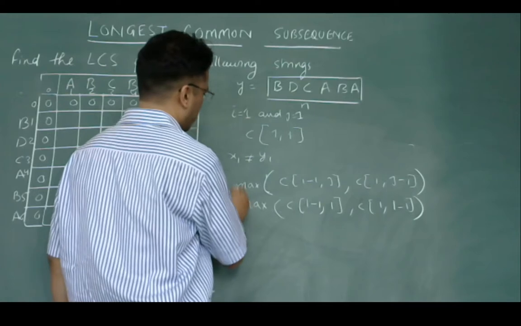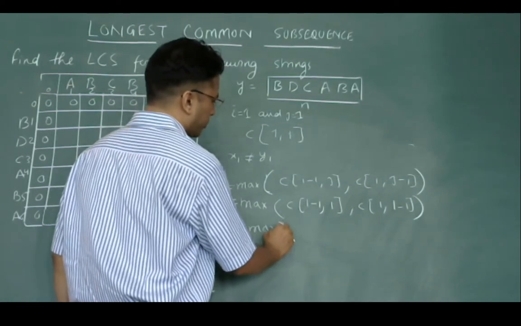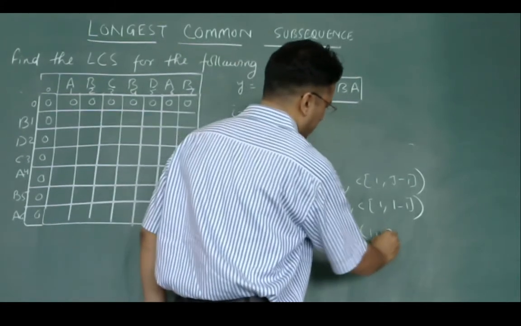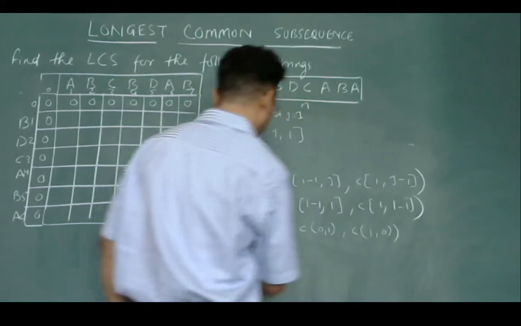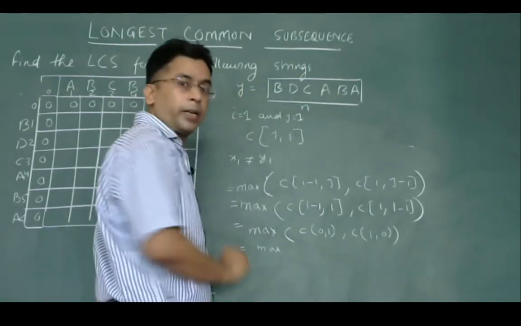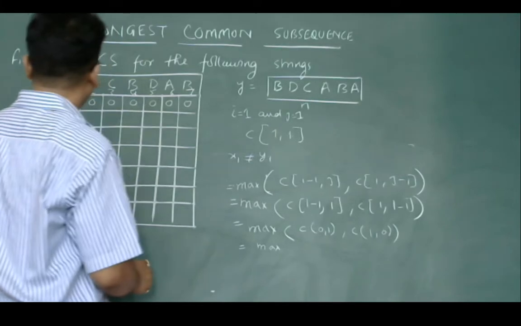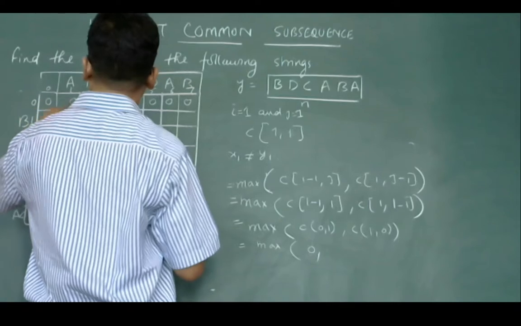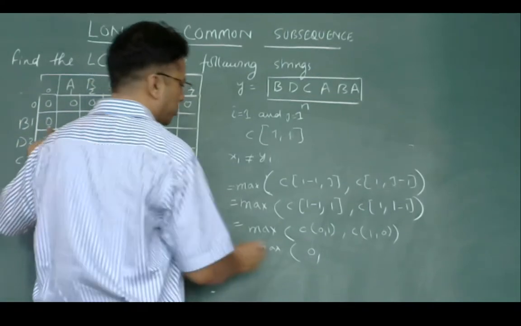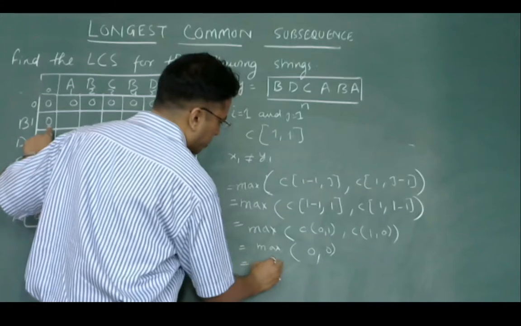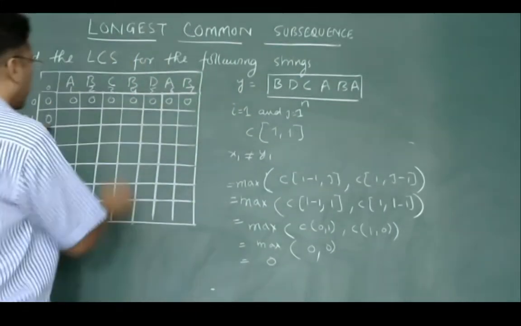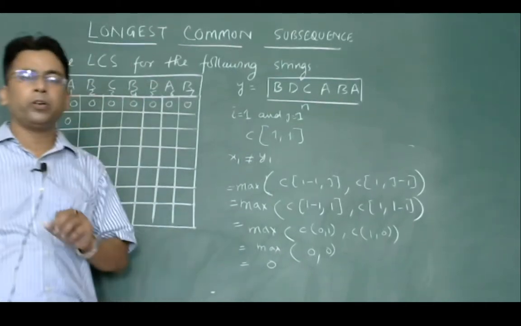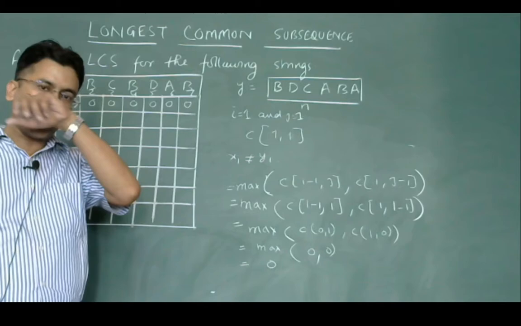So this would be equal to the max of c[0,1] and c[1,0]. Here c[0,1] is equal to 0 and c[1,0] is equal to 0. So the max of 0 comma 0 is equal to 0. So we shall place the value 0 here, okay? And besides this value we also place a pointer, that is called b[i,j].